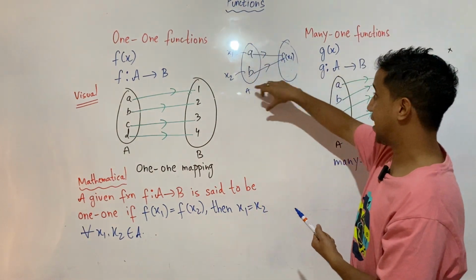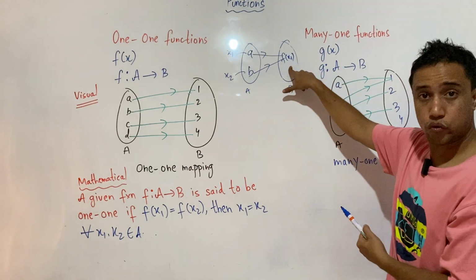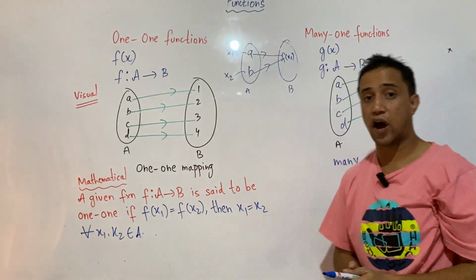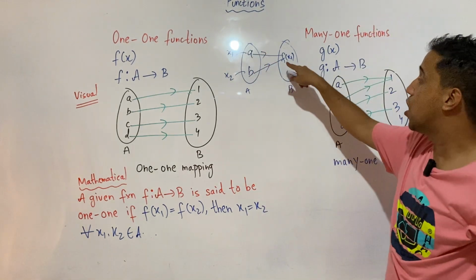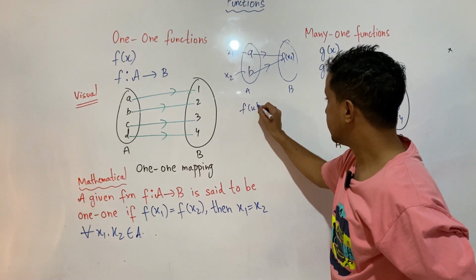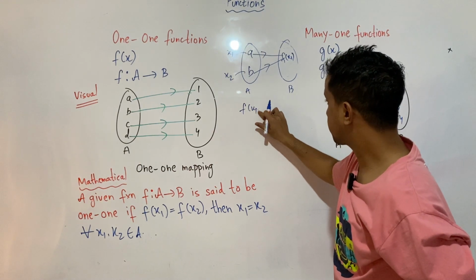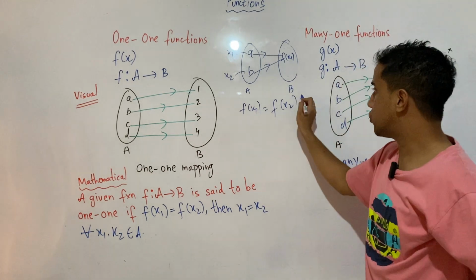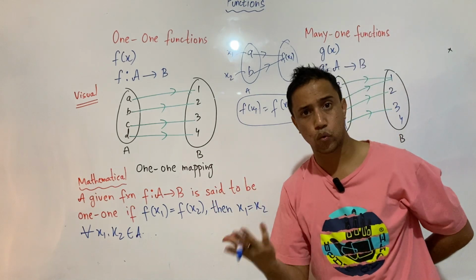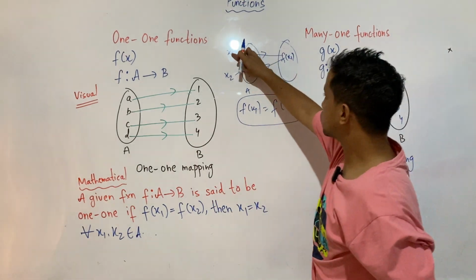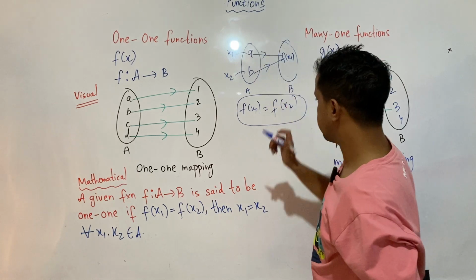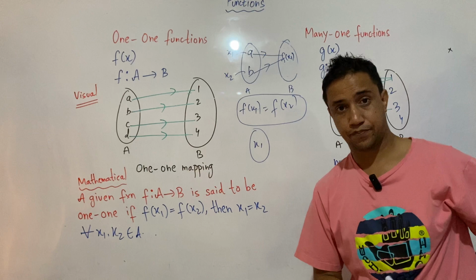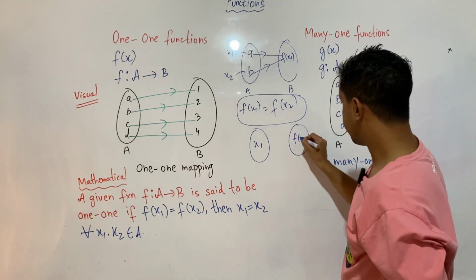Because x1 and x2 are related to the same element here in set B. Now if it has to be 1 1, then f(x1) is equal to f(x2) is possible when x1 is equal to x2. So when x1 is equal to x2, what does it mean? It means we just have one element here, and here f(x1).